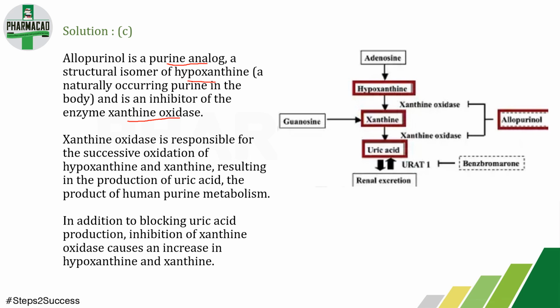And this enzyme, that is xanthine oxidase, is inhibited with the help of allopurinol. So xanthine oxidase is responsible for the successive oxidation of hypoxanthine and xanthine, resulting in the production of uric acid, the end product of human purine metabolism. In addition to blocking uric acid production, inhibition of xanthine oxidase causes an increase in hypoxanthine and xanthine. Okay, if we stop xanthine oxidase, the concentration of hypoxanthine and xanthine in the body will increase.